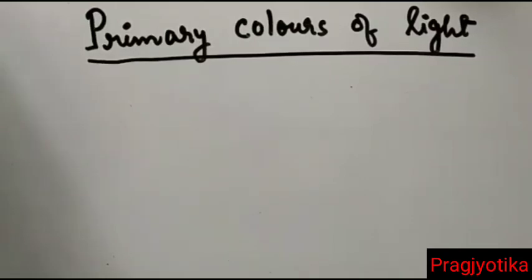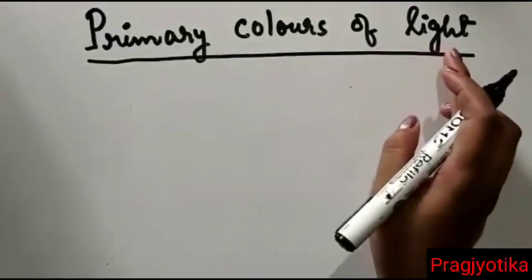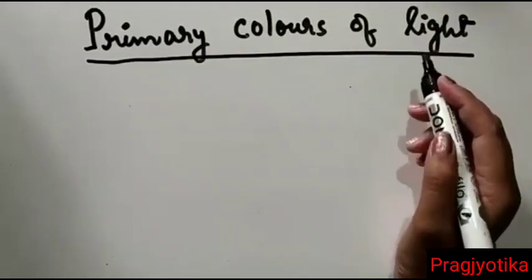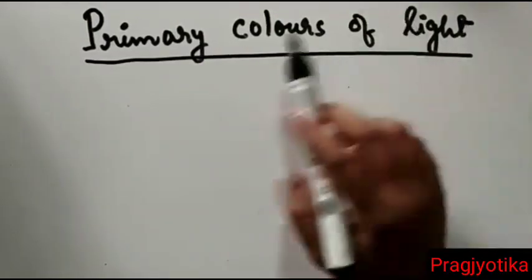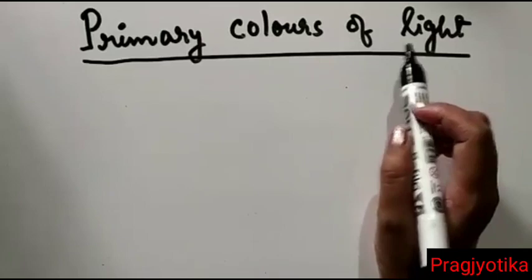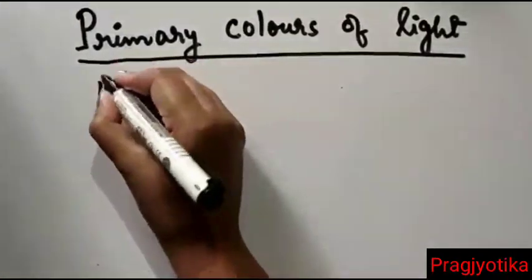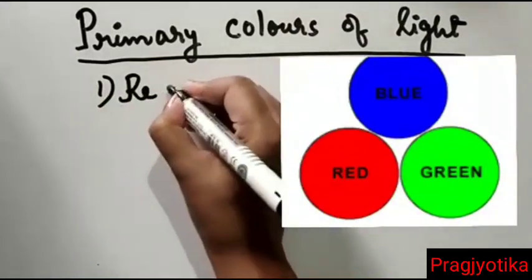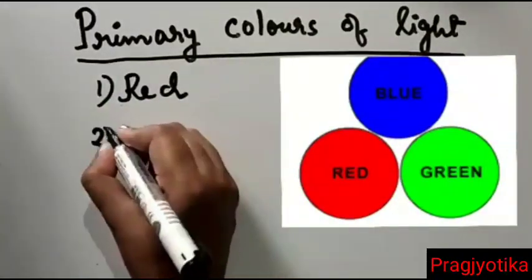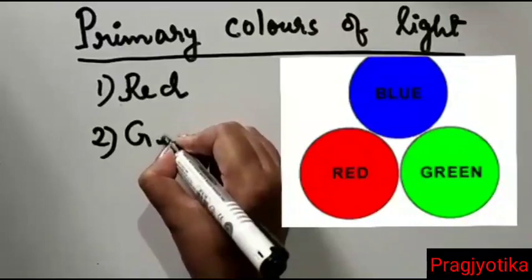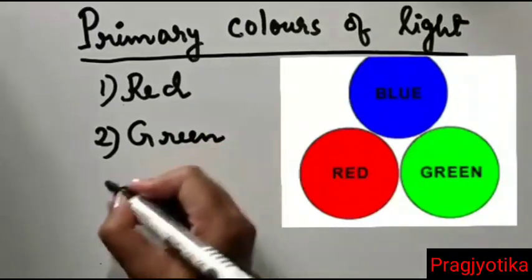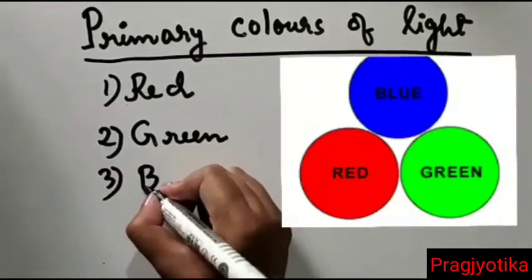Now our next topic is primary colors of light. So what are the primary colors of light? Well, there are three primary colors of light, and these are red, green and blue.